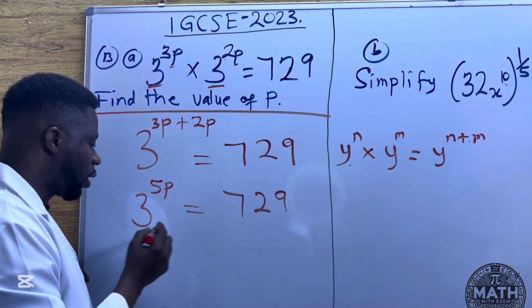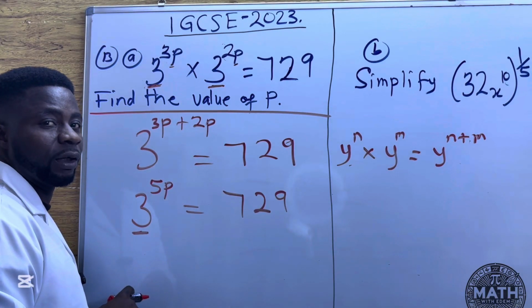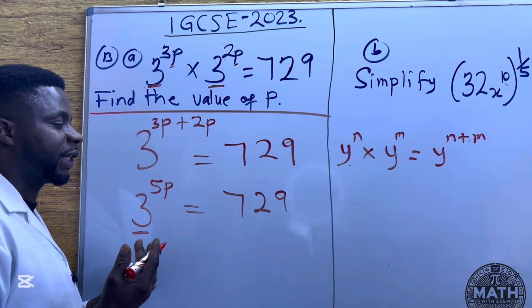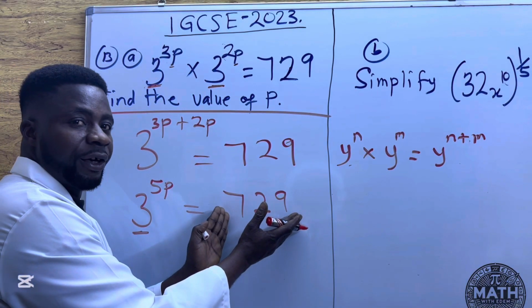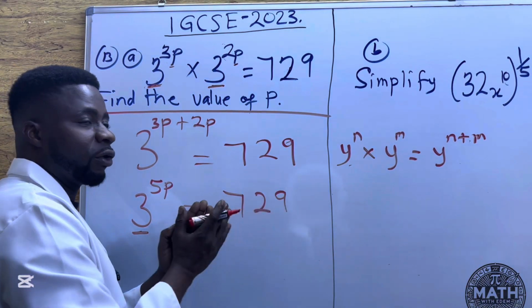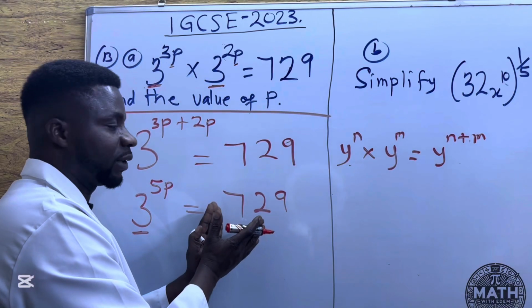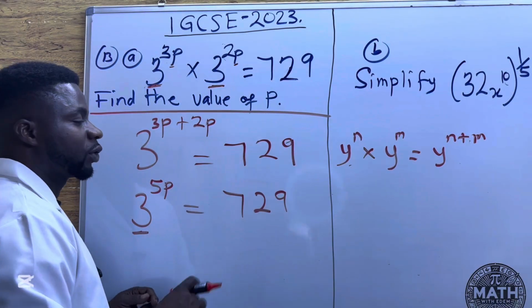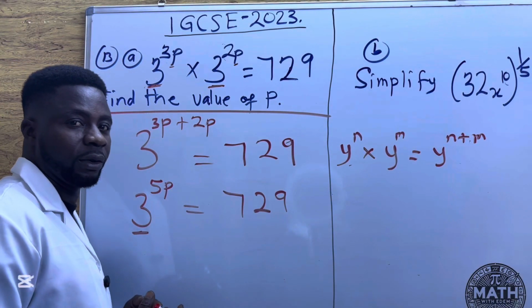Because the base here is 3, we are going to think of getting a base here that is also 3. That's what we are going to do. So we are going to change this into a base of 3. So let's look at the powers of 3.